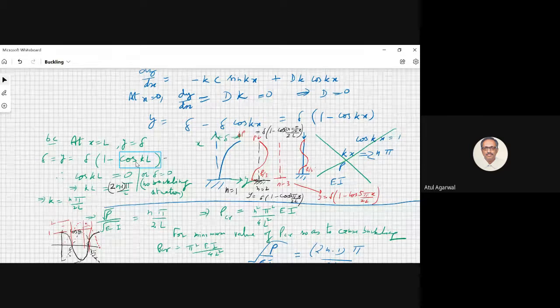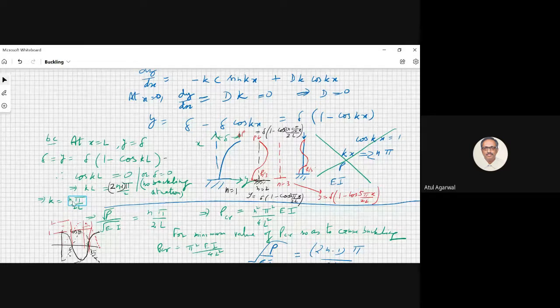Either cos KL is equal to 1, then you get a 0 here, or delta is equal to 0. If delta is equal to 0, it's a no buckling situation. So that is not important for us. That is a trivial situation. So you are looking for cos KL being 1, and you get KL is equal to this. And K is coming like n pi by 2L. So when n is equal to 1, you have got the minimum load, that is the buckling load.